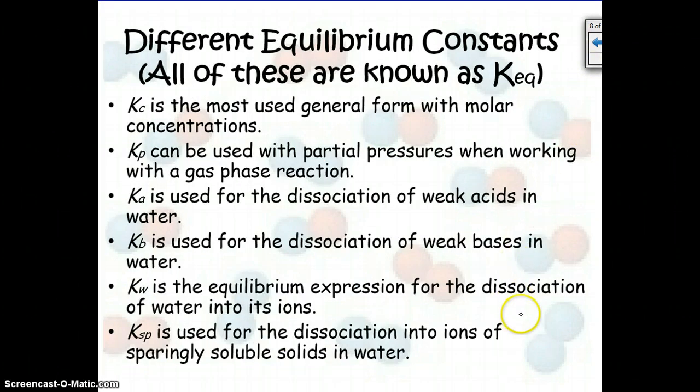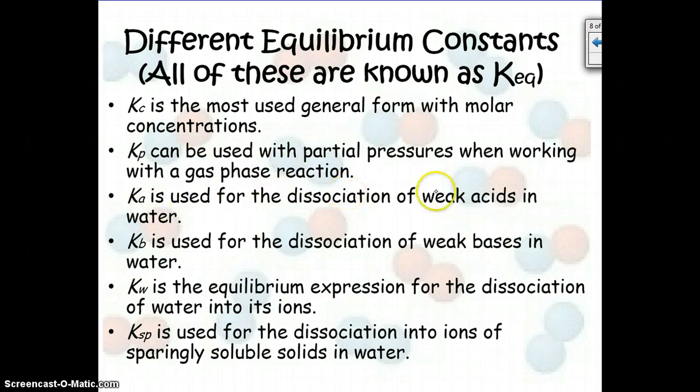Now there's a bunch of different types of equilibrium constants that we can use, or Keqs. These are all of them and what they're used for. It's important that you understand that these all mean the equilibrium constant. Kc is the most general form, and basically it's used with molar concentration. Kp is partial pressures, and that's what you would use when working on a gas phase reaction.